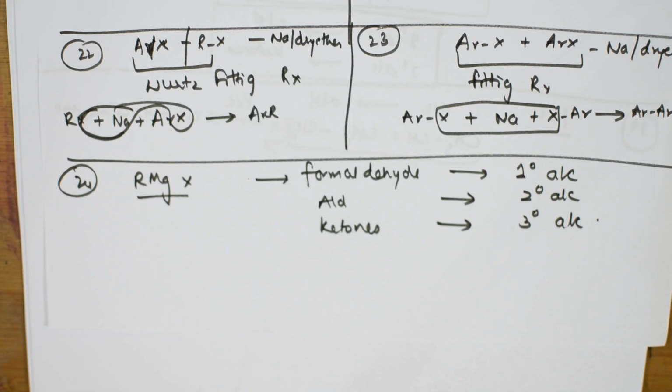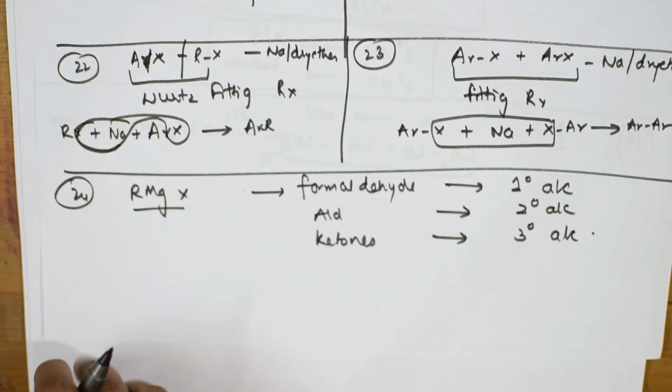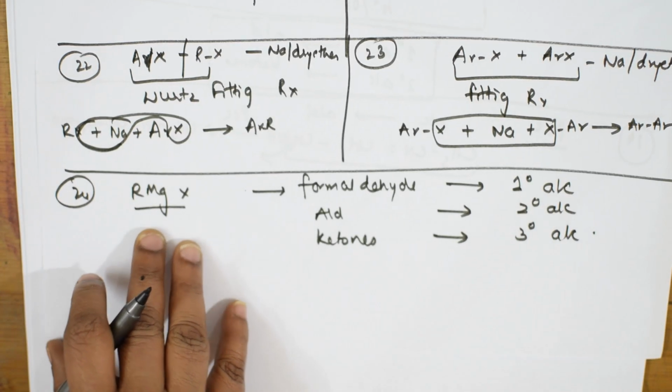Correct? Formaldehyde gets converted into primary alcohols, aldehydes get converted into secondary alcohols, and ketones get converted into tertiary alcohols. 24 reagents are done, students. Right. Now let's come back and see one more type of reagent. Let us write the 25th reagent.